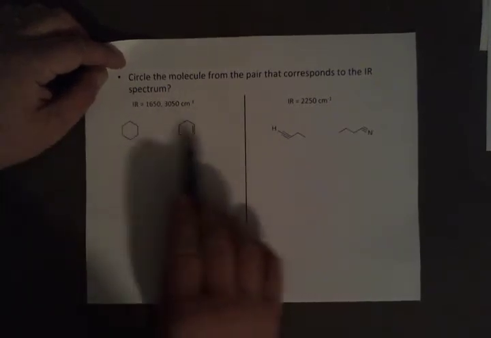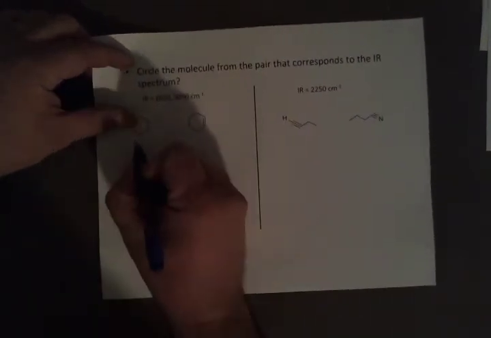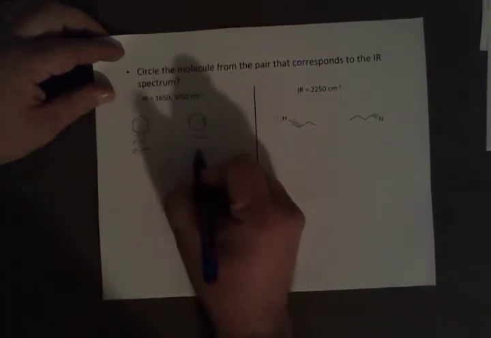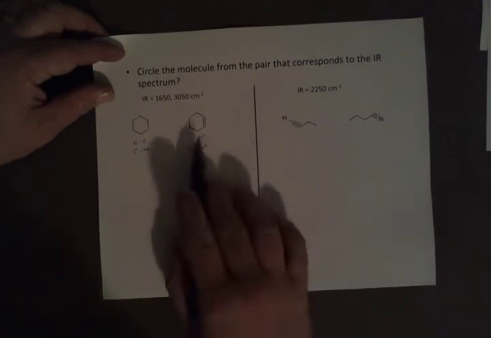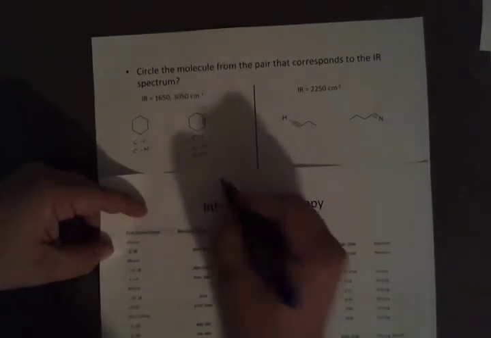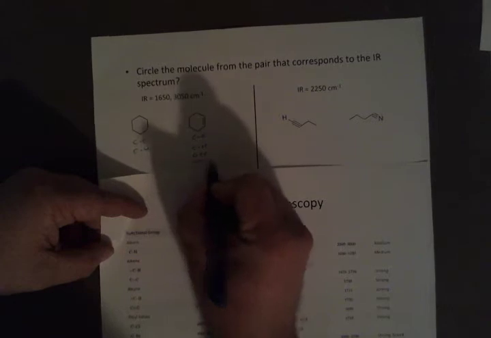So you need to figure out which one of these. Both of these would have CC and CH bonds, but that's all this one would have. But this one would also have, and I'm going to give you this chart, the C double bond C, and the CH stretch where the carbon is on a double bond.